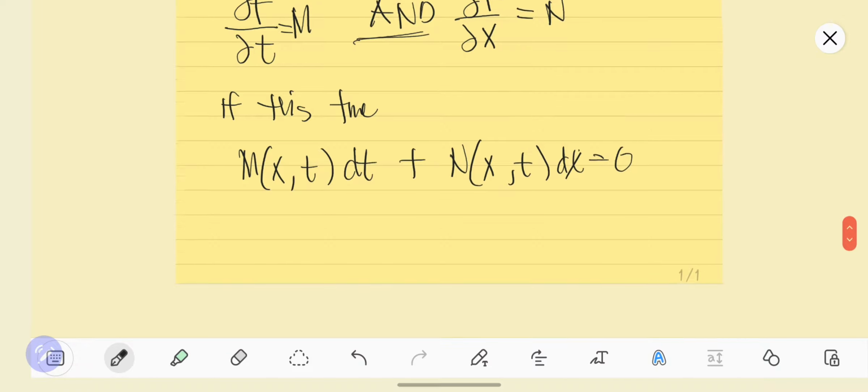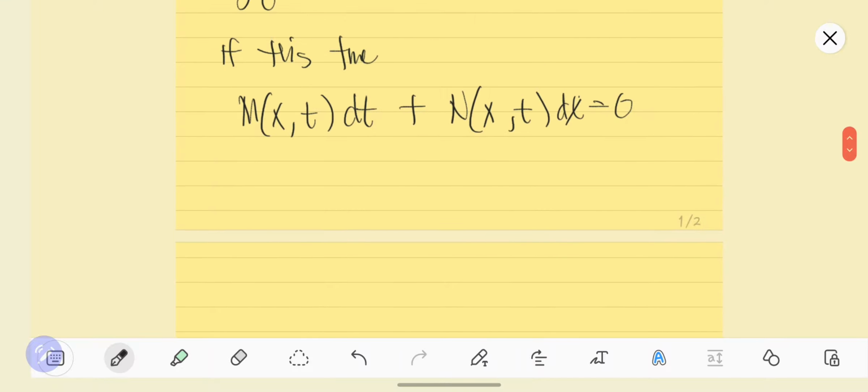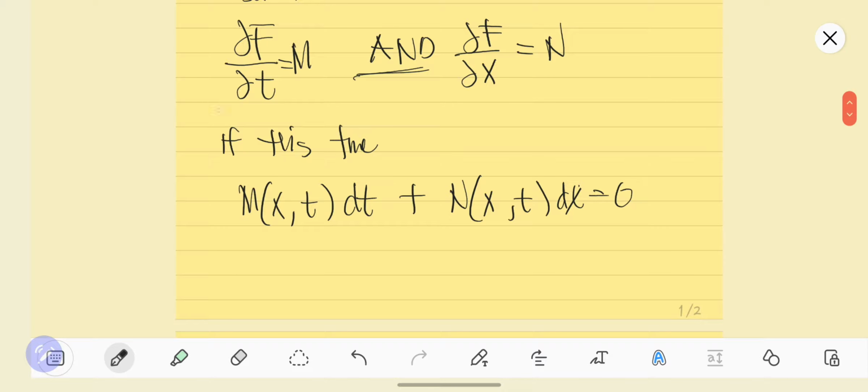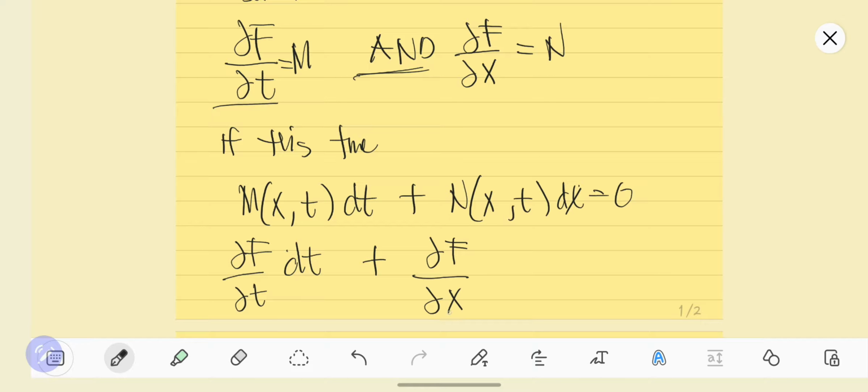We can rewrite this as the partial derivative of f with respect to t times dt plus the partial derivative of f with respect to x times dx equals 0.